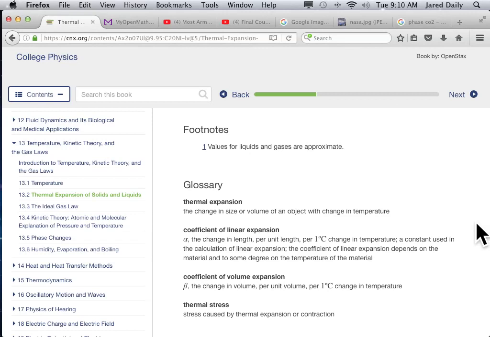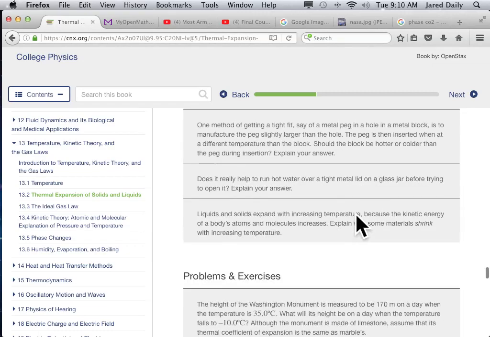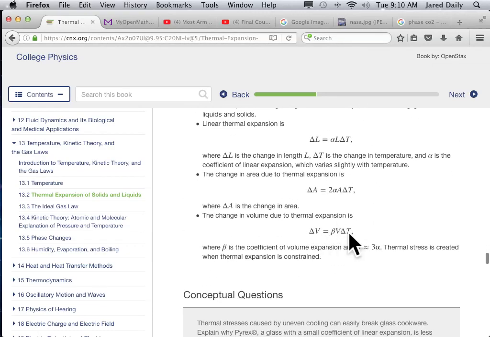So that gives us something to work with. So we need to use our equation, which is delta V equals beta V delta T. Let's check that equation right here. Delta V equals beta V delta T, where V is the initial.